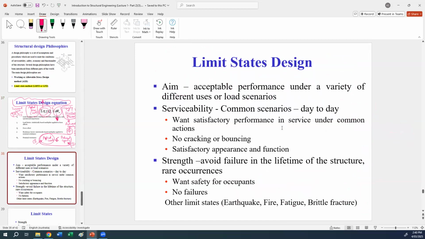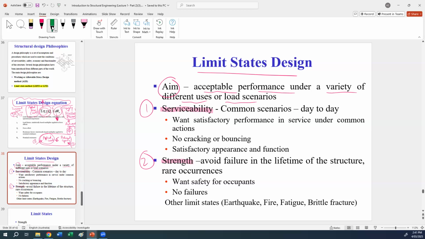And this is some explanation or definition about it. The aim of any design method is to have acceptable performance under a variety of different loading scenarios. For the limit state design method, we have two main criteria we are using in this semester: serviceability and strength.